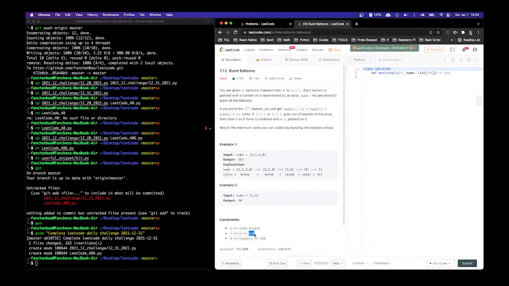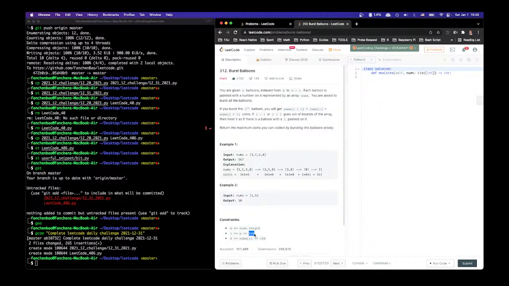So that's solved. How about 3? We have 3 balloons. Now that is interesting. If we burst any one, then we'll get a value, whatever value it is. And then the remaining we already know because that's 2 balloons.